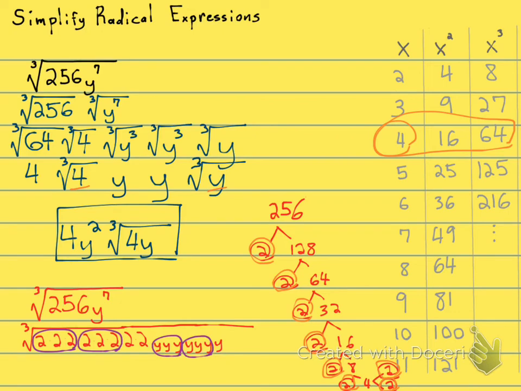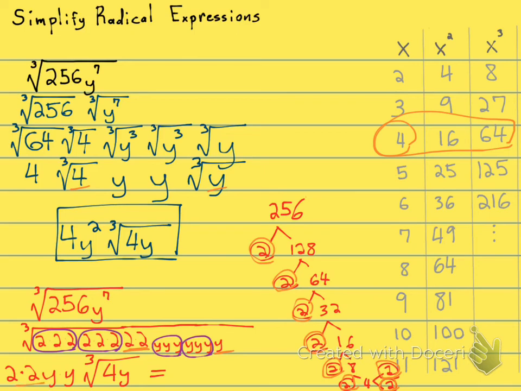So outside the radical, I have 2 times 2, y times y. And then underneath the radical, what's left? 2 times 2 is 4, y. 4y. Okay, so putting together what I have out in front of the radical, I will get my answer.